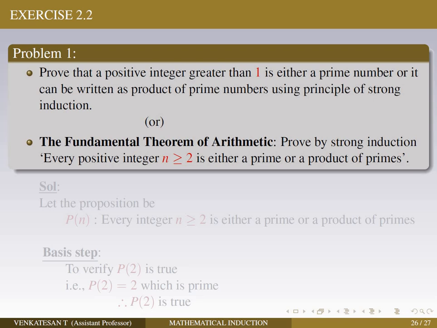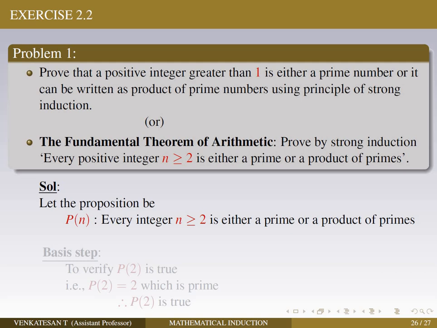Every positive integer n greater than or equal to 2 is either a prime or a product of primes. For example, 2 is an even prime number. 3 is a prime number. 4 is a composite number, which can be rewritten as product of 2 into 2, I mean a product of prime numbers. That we are going to prove now.